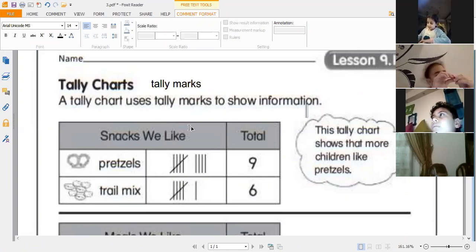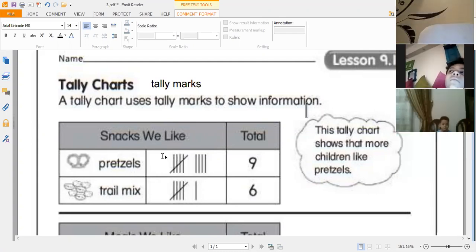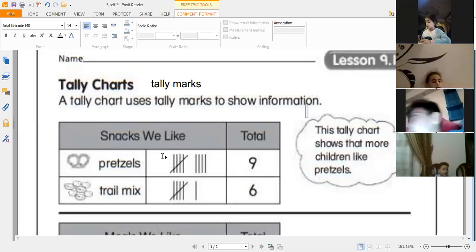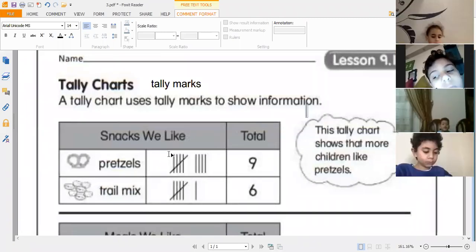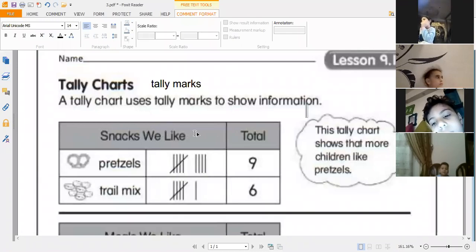You're a little close. We call this a tally chart because we use the tally marks inside it.